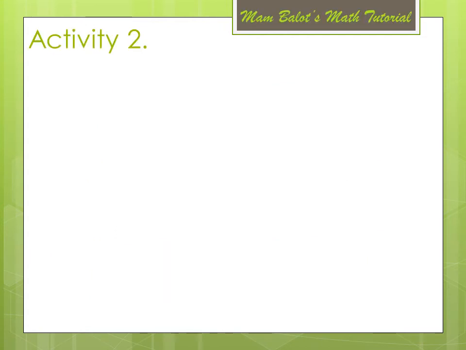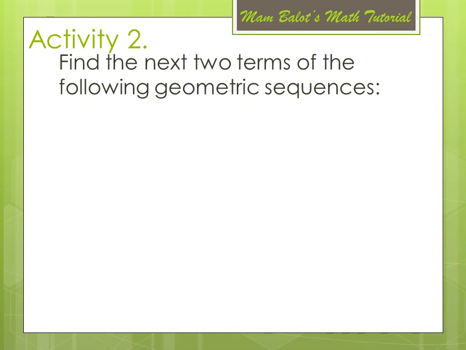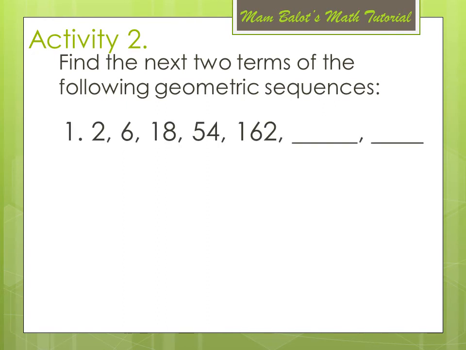Let's have activity 2. Find the next two terms of the following geometric sequences. Number 1, we have 2, 6, 18, 54, and 162, blank and blank. So, we need to get the common ratio first before we can get the next terms. So, in here, we have a common ratio of 3.